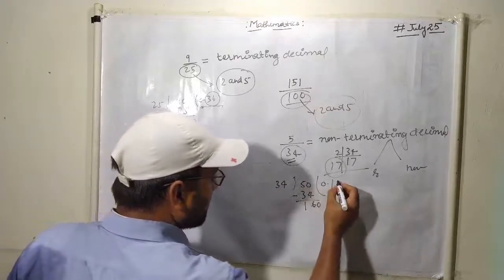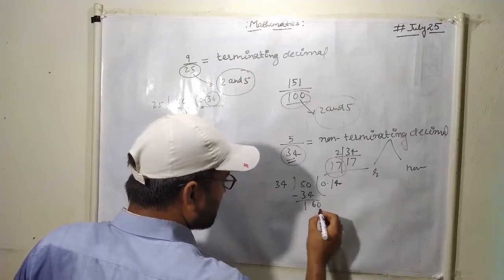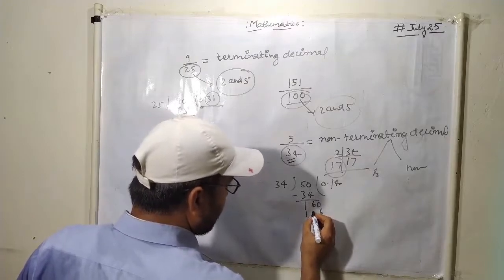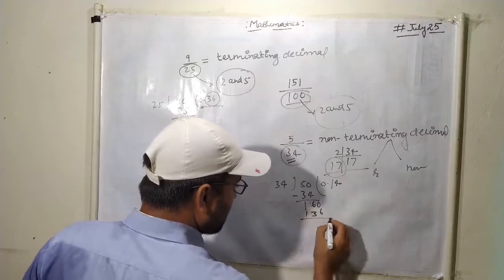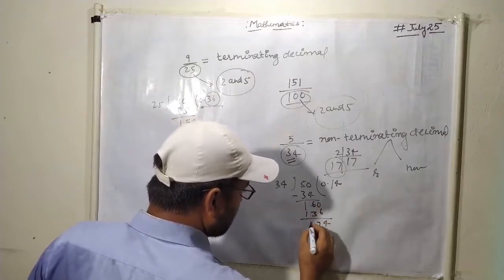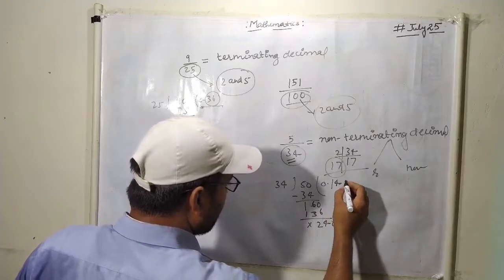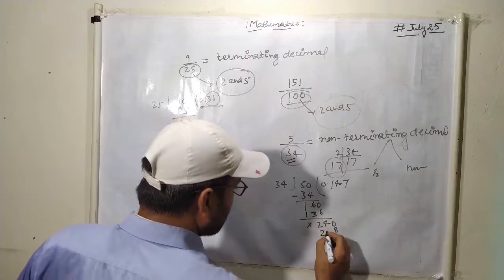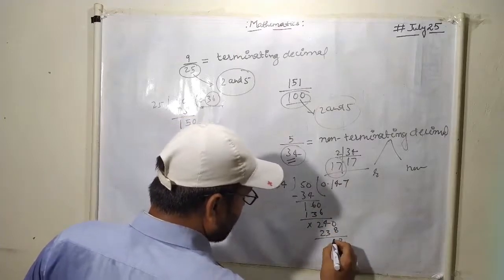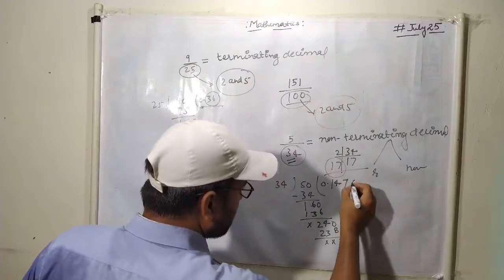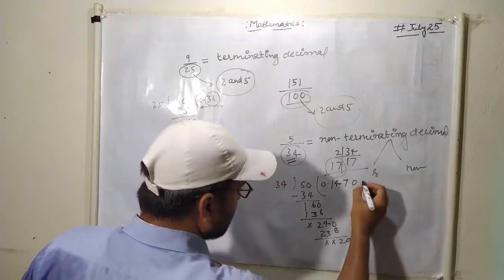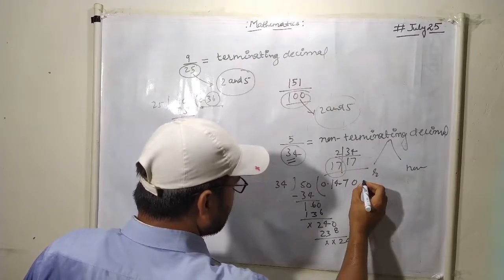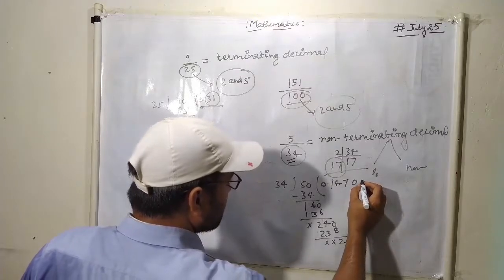So 4 times 4 is 16, 1 carry, 4 times 3 is 12, 13, 160 minus 136, 24, cancel out to 0. 7 times 4 is 28, 2, 7 times 3 is 21, 23, 240 minus 238 is 2, again 0, 20, 200, it goes with 5 times.